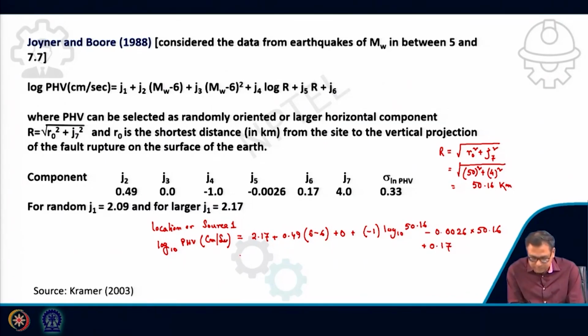So the PHV value is coming out to be 3.23 centimeter per second. Similarly, for source 2 also you can use this relationship, but remember that in that case it will be 7.1 minus 6 or 7.8 minus 6, because the moment magnitude value will change, since for source 1 it is 6.